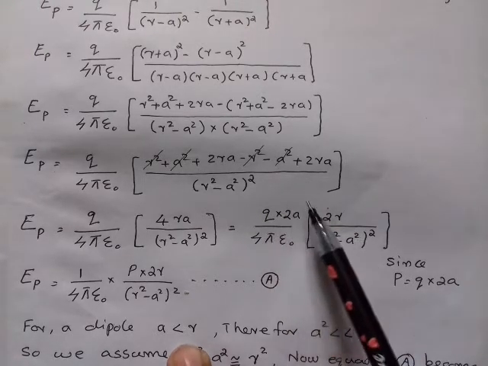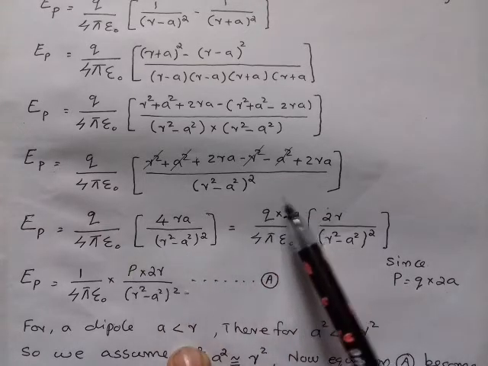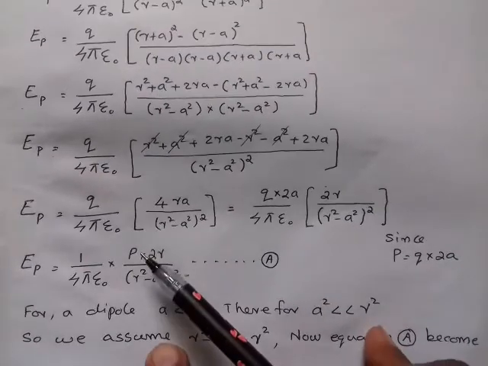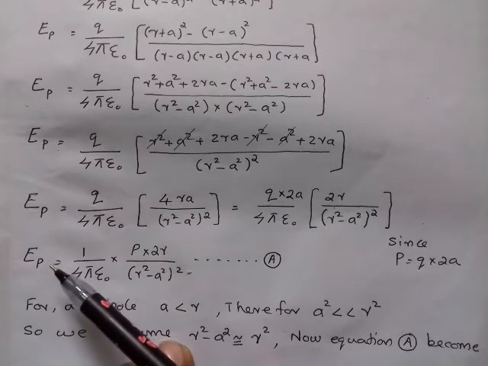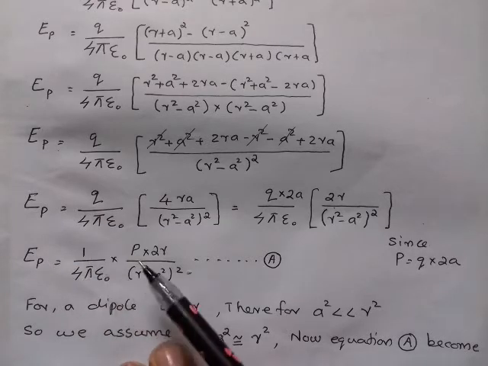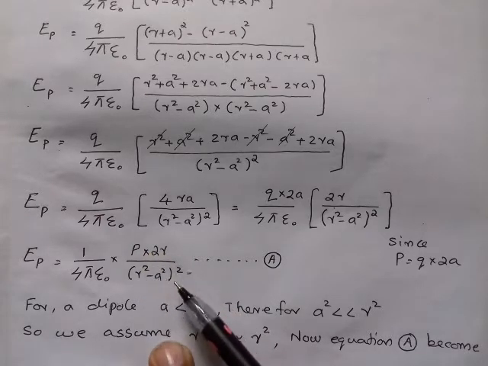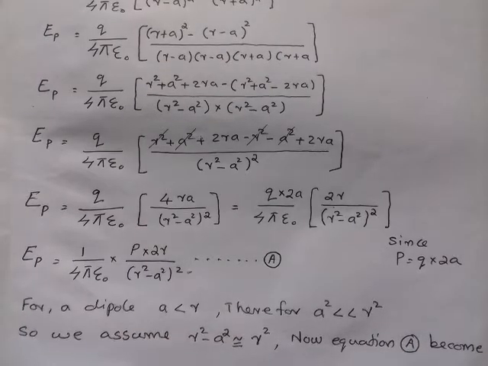Instead of q into 2a, we write p here. In the next step, we replace q into 2a with p, and we get a general equation for the electric field at P as 1 by 4 pi epsilon 0, P into 2r divided by r square minus a square, the whole square. Let us call it equation A.